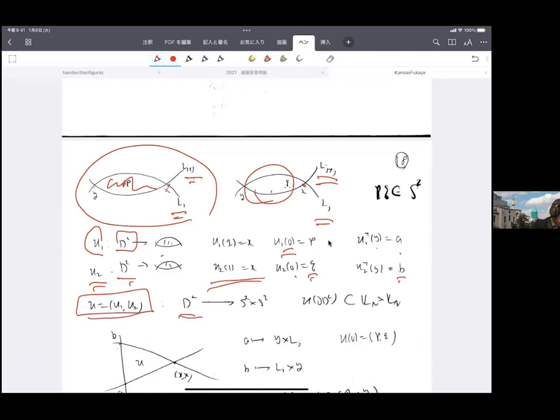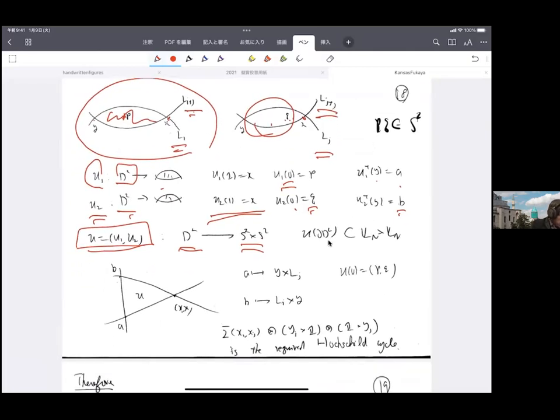So it's a map from the disk to S2 cross S2. Then what is this? You have 3 points: 1 goes to XX, A goes to Y and something, and B goes to something and Y. So you have the 3 lines, and the 3 lines go to this.